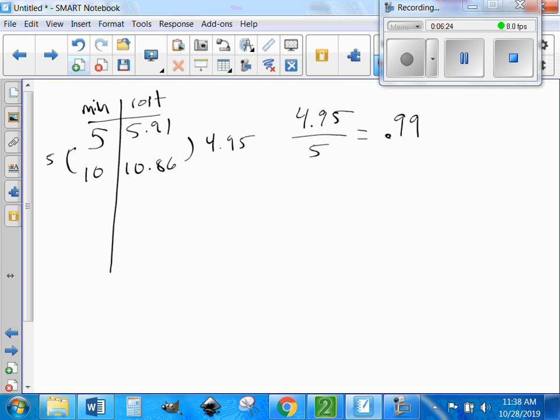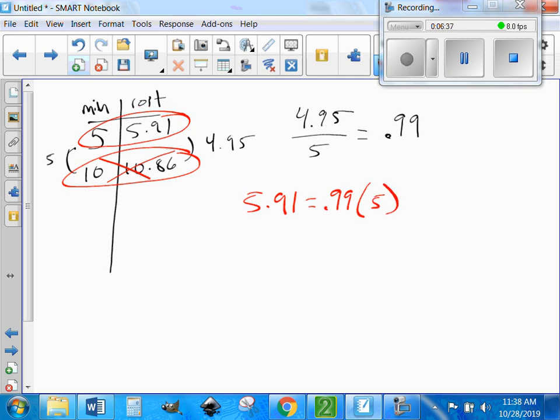Okay, and now we pick one of these points to be our x and our y. Actually, I'm going to choose the top one because the numbers are a little bit smaller. So we have y equals mx plus b. So 5.91 equals 4.95 plus b. Then we can subtract the 4.95.